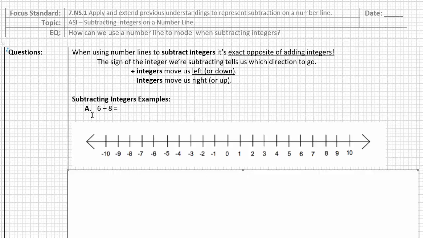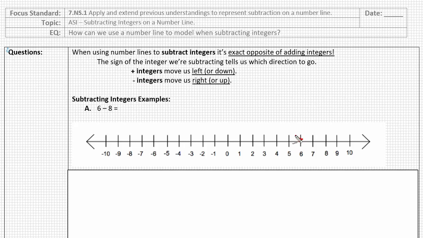Our first problem is asking us to start at 6 and subtract 8. So we're going to start here at 6, and we're subtracting a positive integer. For positive integers, it wants us to move left.